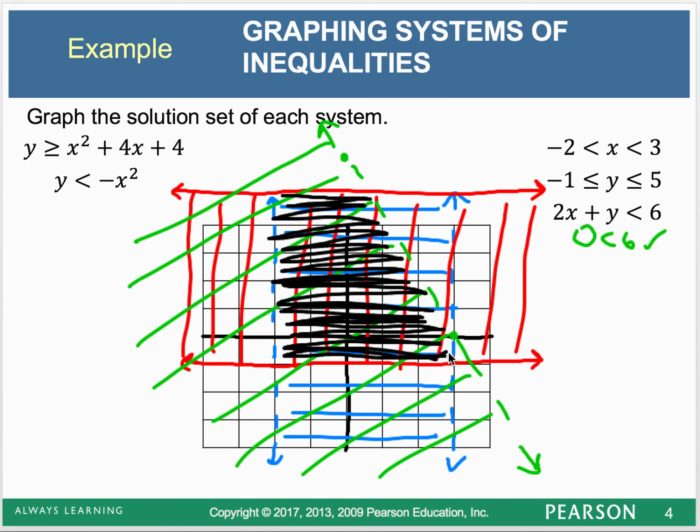Okay. All right, following those lines. It's my border. This one's my border. Don't make it solid. Don't make that a solid line. Just shade in solid. Okay, and anything in this region will solve all three of these inequalities.